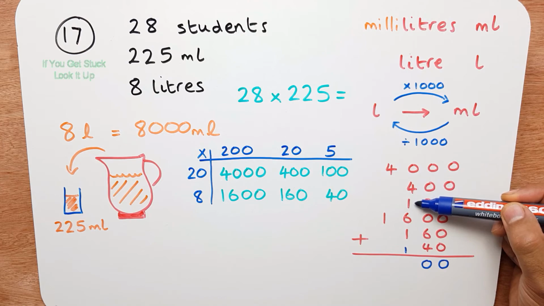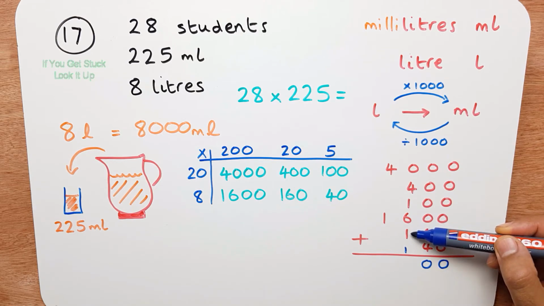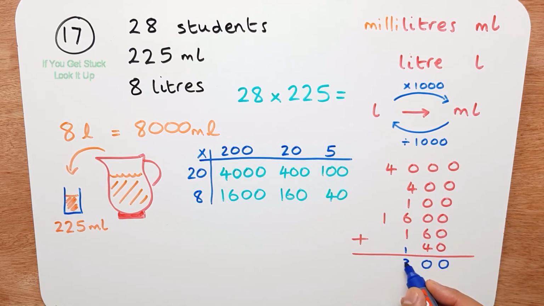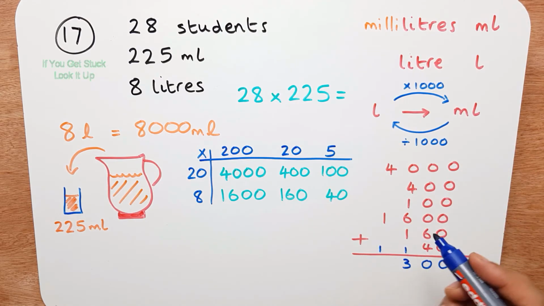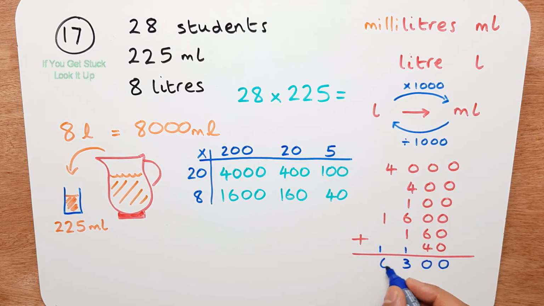Add 1 is 5. Add this 6 makes it 11. 11 add 1 is 12. Plus this 1 we've carried over makes it 13. So I put 3 here and I carry the 1 over. 4 add 1 is 5. Add 1 is 6. So that's my number.